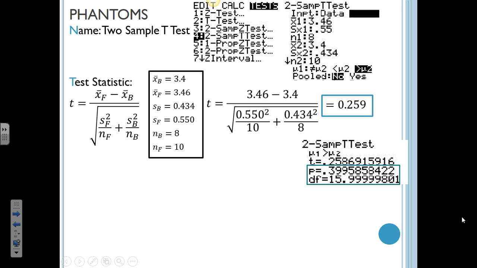Should be 0.259 for that t statistic. What's the p-value associated with that? If you got 0.6, you did the sign wrong. Check to see if you put less than versus greater. Should be 0.3995, right?